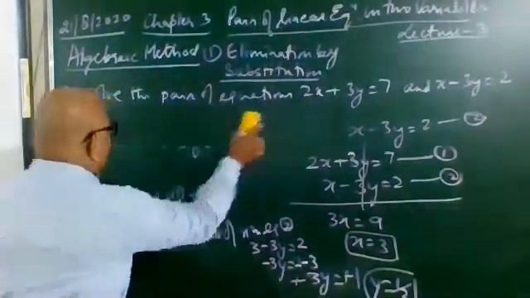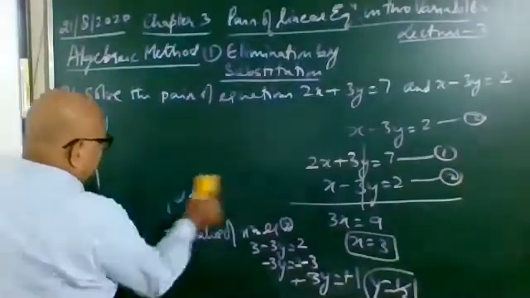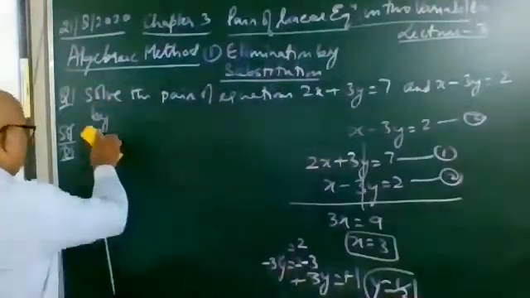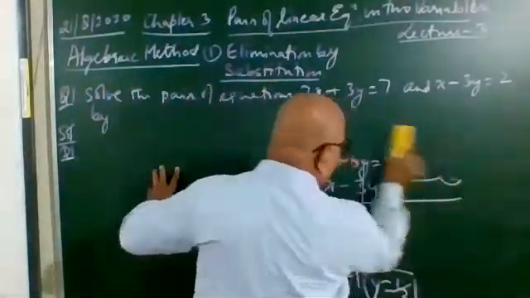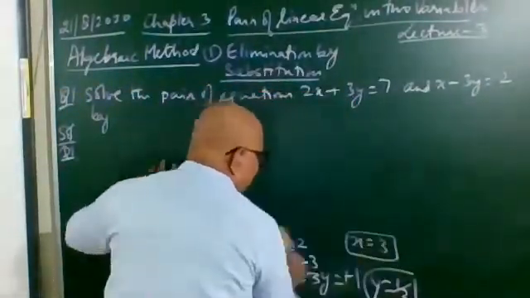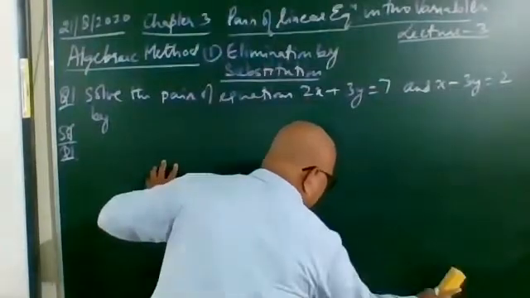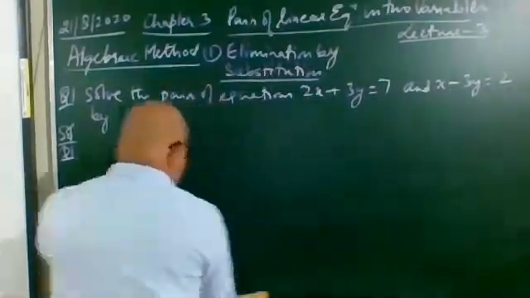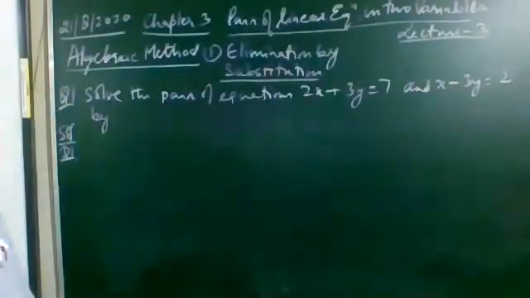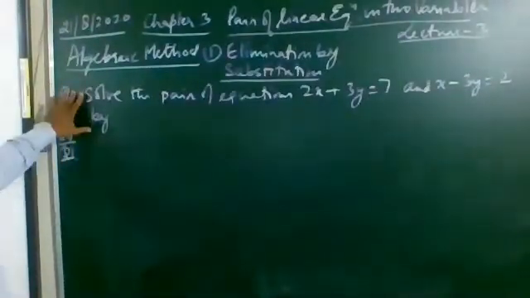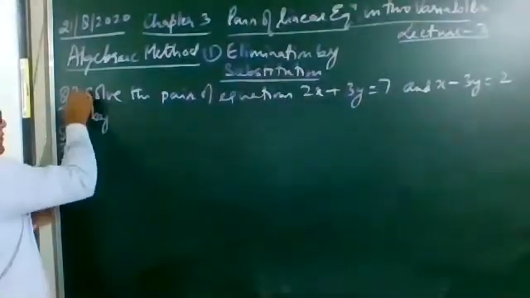But I have made a simple method to solve this. Now only one question you have to practice, and once you have practiced this question, you will be able to solve other types of questions. So very important.